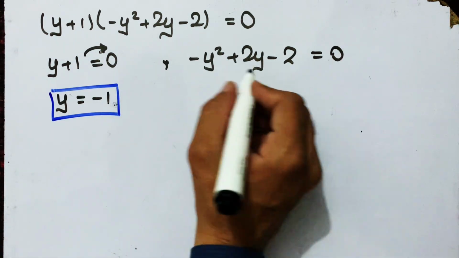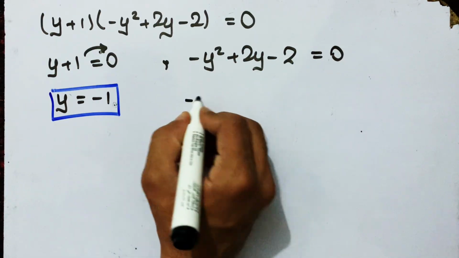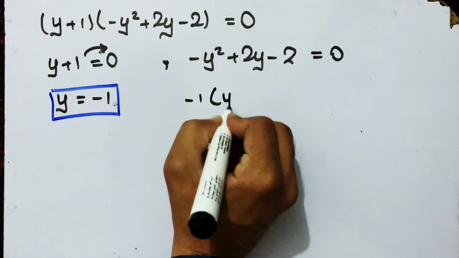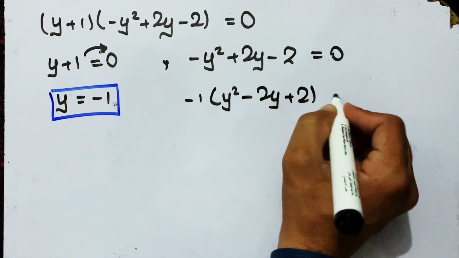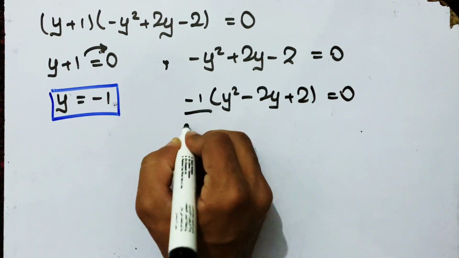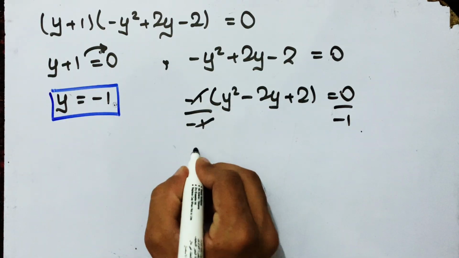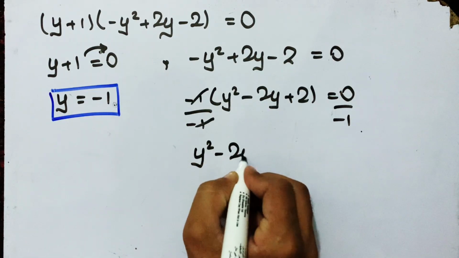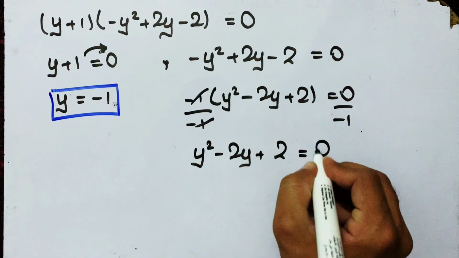So we solve this equation: take minus common, y square minus 2y plus 2 is equal to 0, minus 1 divided by minus 1. So y square minus 2y plus 2 is equal to 0.